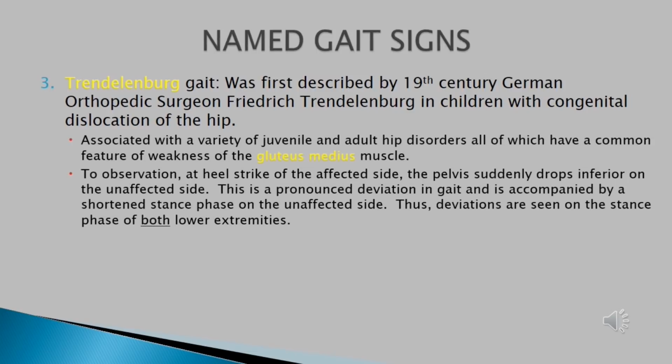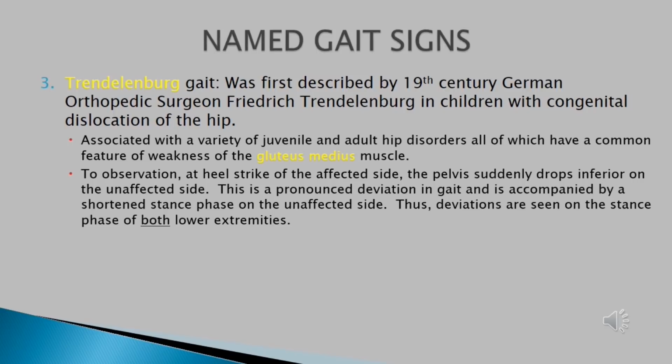The Trendelenburg gait is specifically described in the AMA Guides. And the Trendelenburg gait was first described in the 19th century by orthopedic surgeon Friedrich Trendelenburg. He identified this particular type of gait in children with congenital dislocation of the hip.